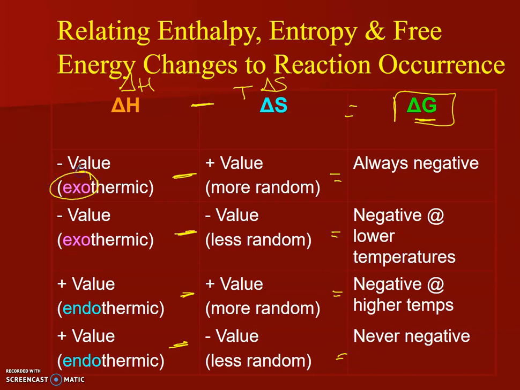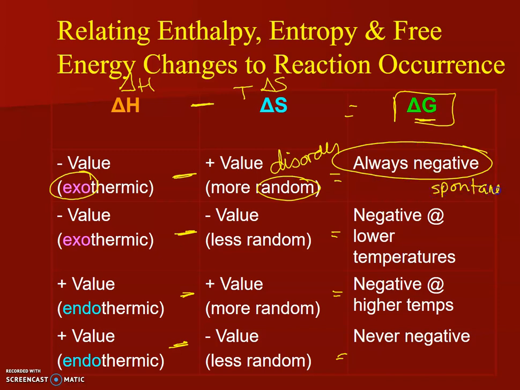If we have an exothermic substance and we have a positive change in disorder, so we see things that are going to become more random, you will always see this be negative. So that means that this will spontaneously happen. Okay, on its own, it's not going to take any sort of effort.